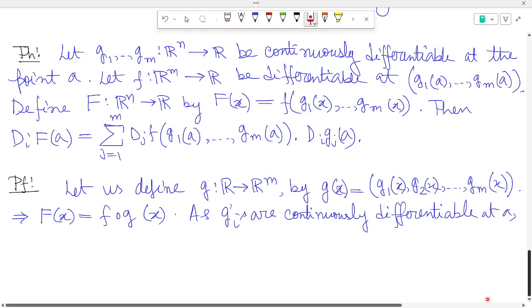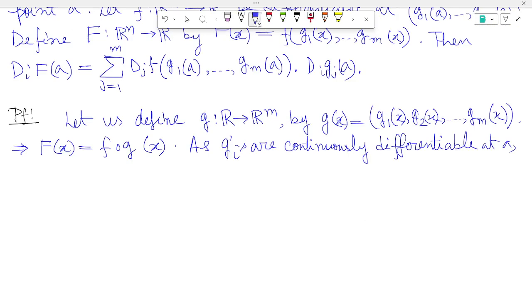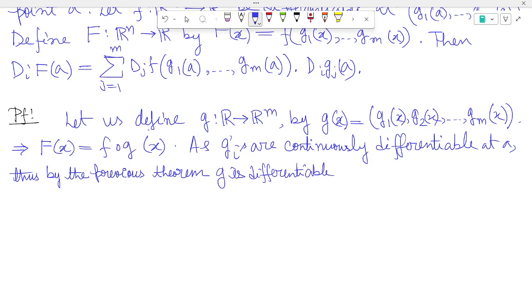So apply the same thing for g. They are continuously differentiable at A. Thus, by the previous theorem, we can say that g is differentiable.